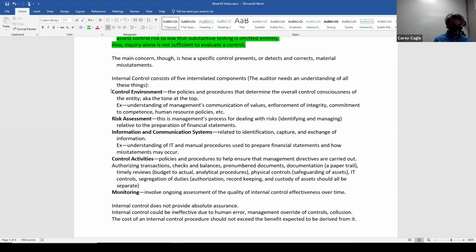Do they have a disaster recovery plan? As an auditor, we'll do brainstorming sessions about potential areas of fraud. Do they do this themselves as well? Do they assess their own vulnerabilities to fraud? How do they deal with their own risks relative to the financial statements?